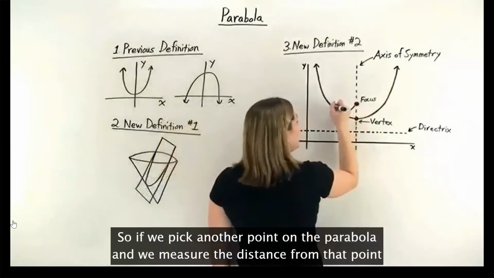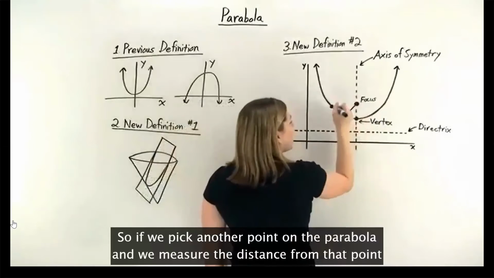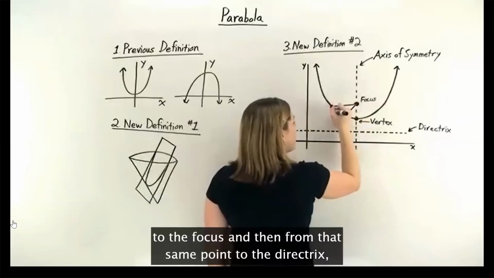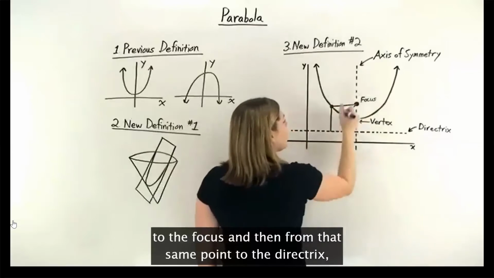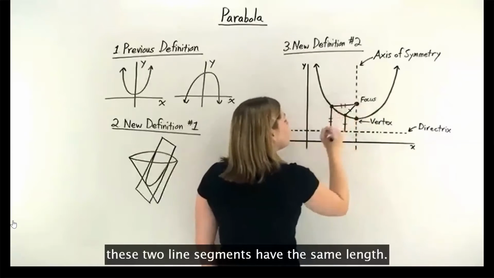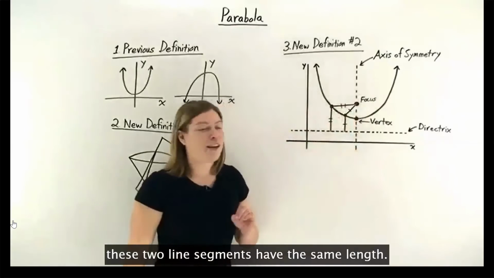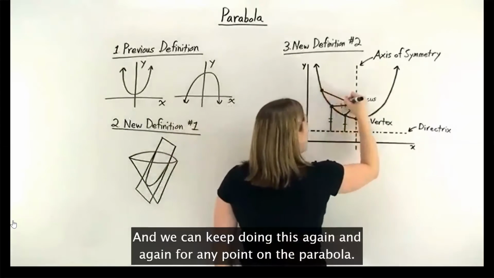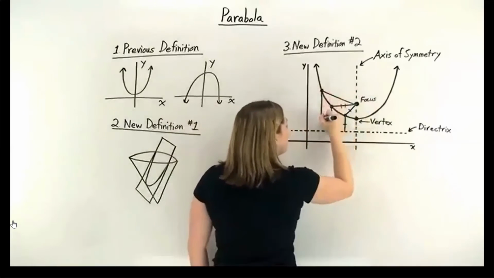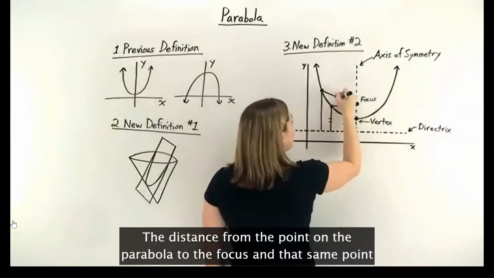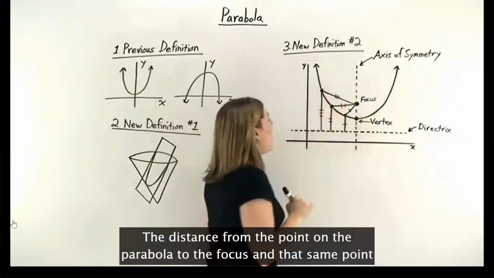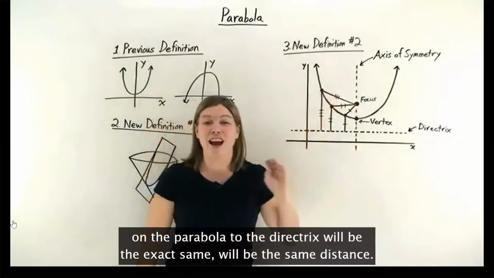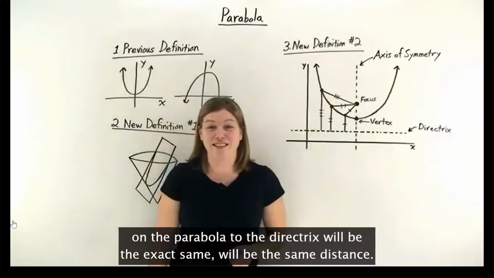So if we pick another point and measure the distance to the focus, and then from that same point to the directrix, these two line segments have the same length. We can keep doing this again and again for any point on the parabola. The distance from the point on the parabola to the focus and that same point to the directrix will be the exact same. They'll be the same distance.